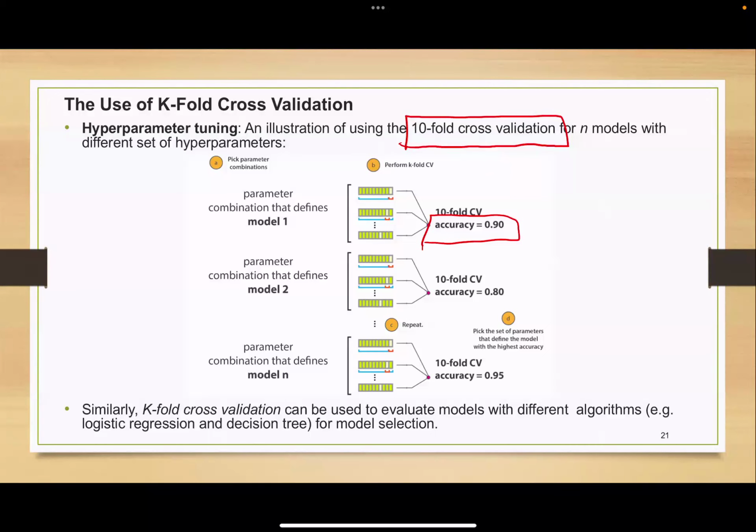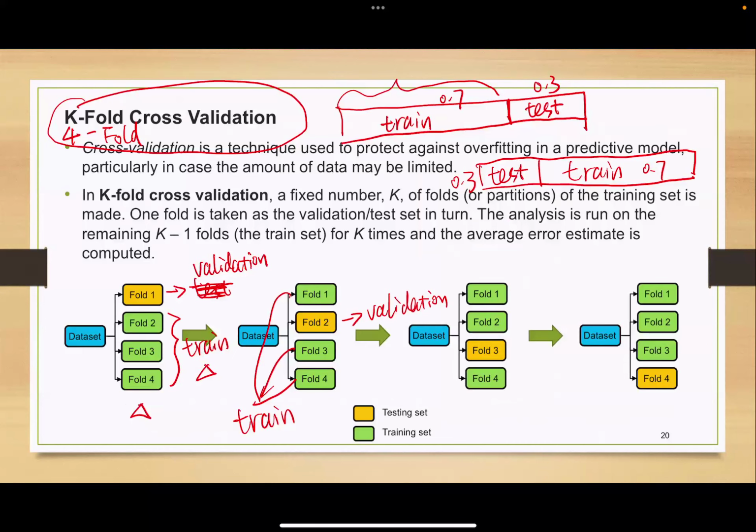For example, we have 4 folds here. Using the first part, folds 2, 3, 4, we train the model once. Then we use these 3 folds of data and train the model again, and then these 3 parts of the data to train the model again, and in the end, these 3 parts of data to train the model.